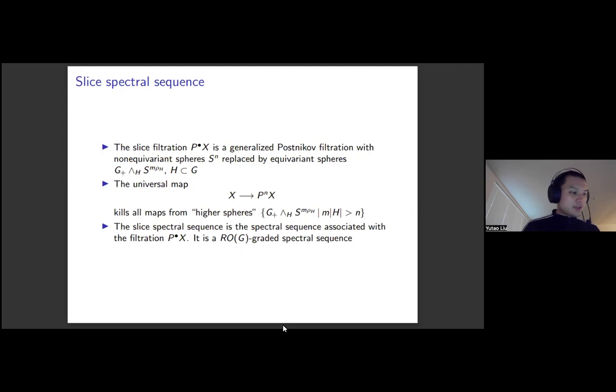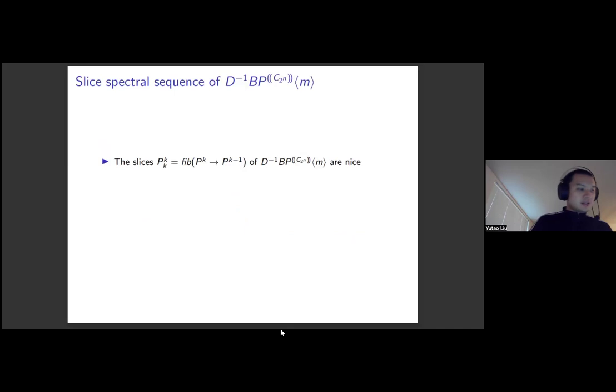The slice spectral sequence is the spectral sequence associated with this slice filtration. It is an RO(G)-graded spectral sequence if you take the RO(G)-graded homotopy. The slice spectral sequence is quite powerful for the types of spectra we talked about before, since they have quite nice slices, where the slice is the fiber of the adjacent maps on the slice tower.